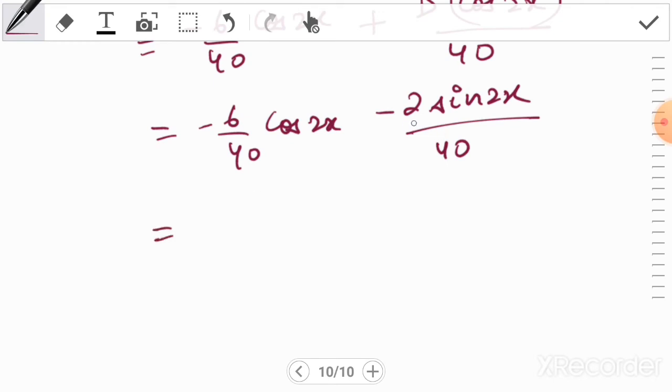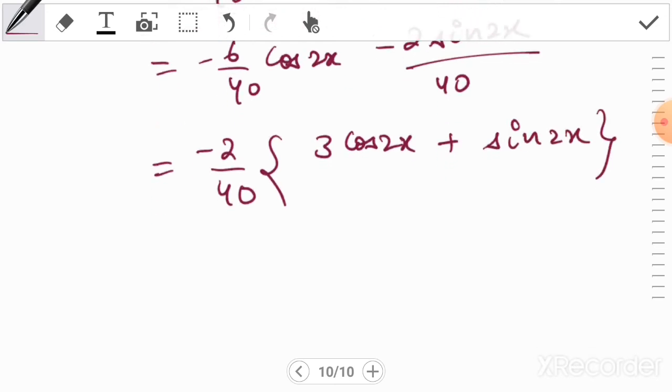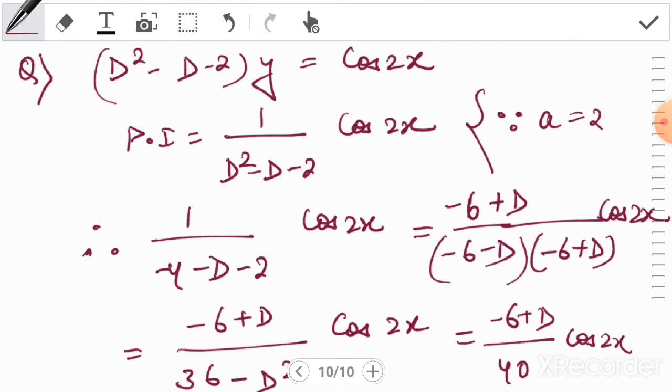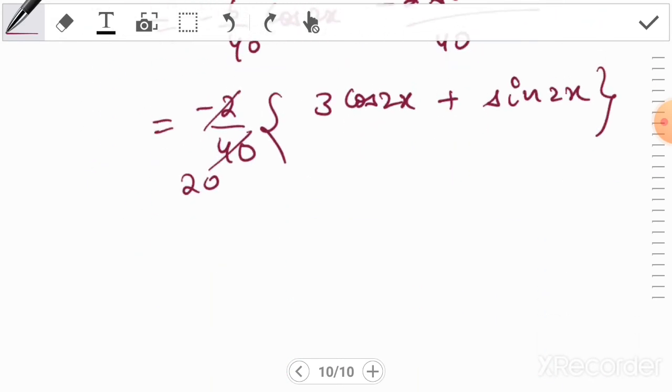Now we can take out the common factor, minus 2 by 40, so 3 cos 2x plus sin 2x. So this is the particular integral of this differential equation.